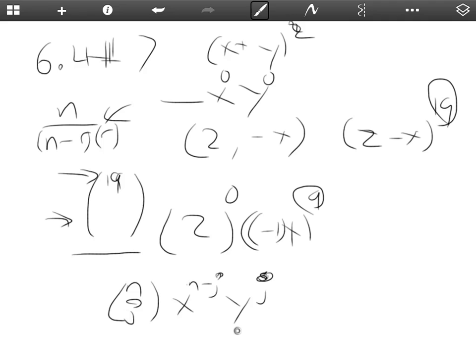So 9 is our j. And the number in this circle is just going to be 19 minus 9, minus j, where j is 9.